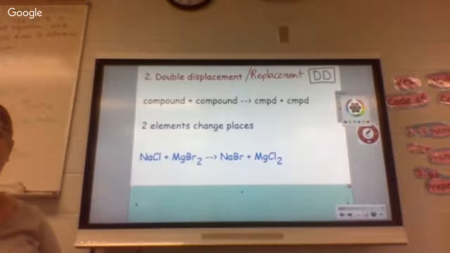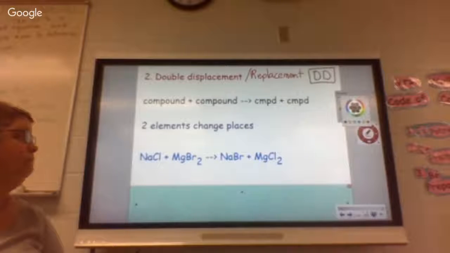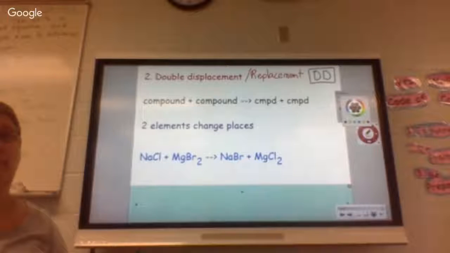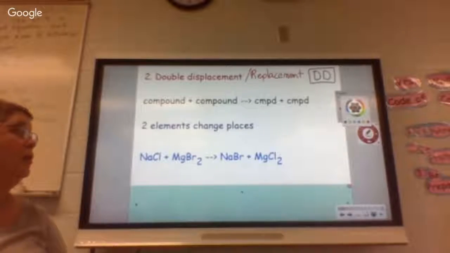Anything that's a displacement reaction means that two elements have to change places. So, I kept the reaction very similar. Can you tell me who switched here? Okay.